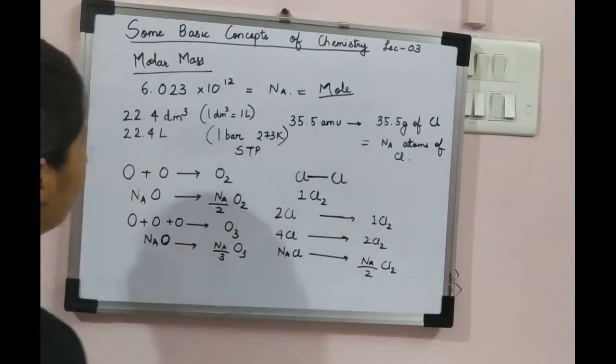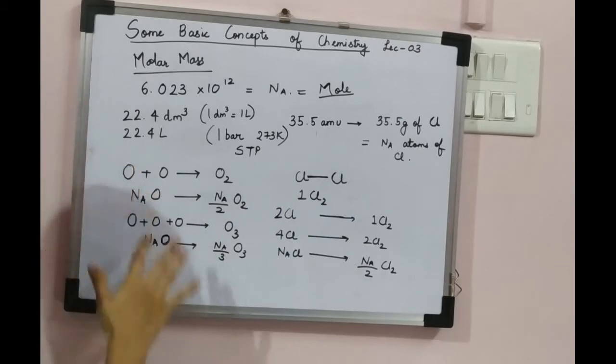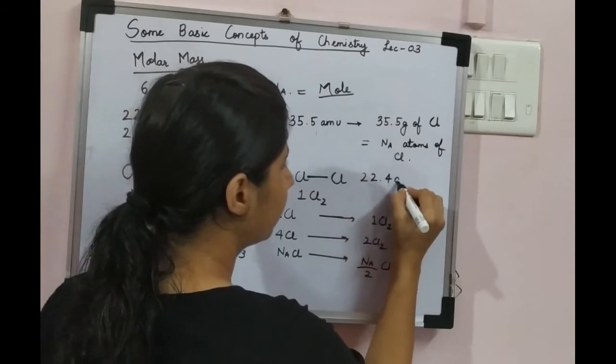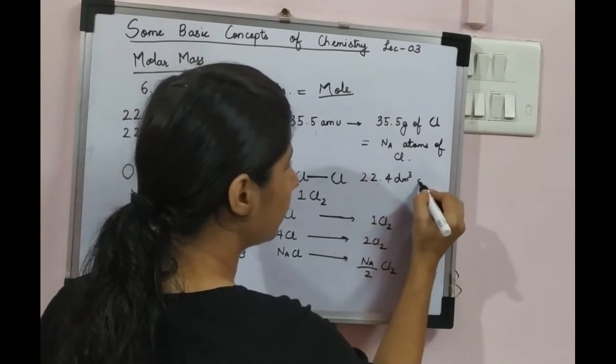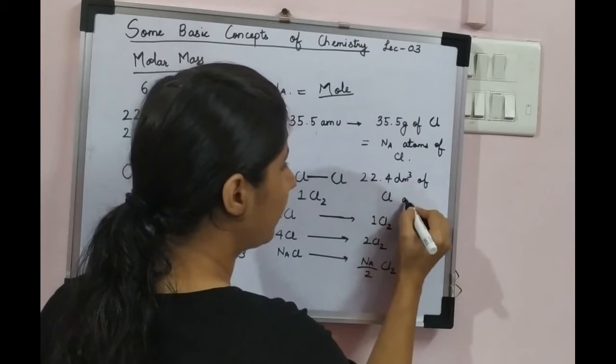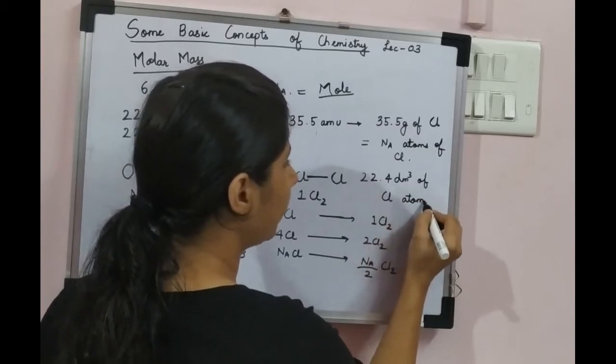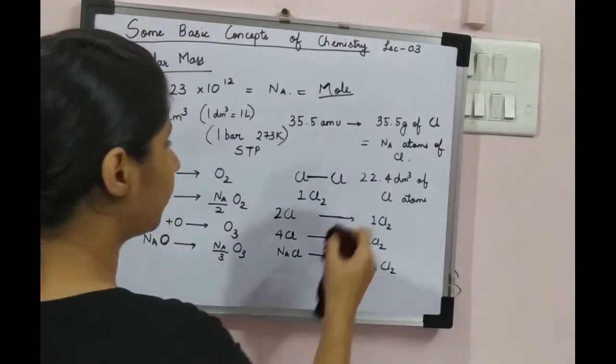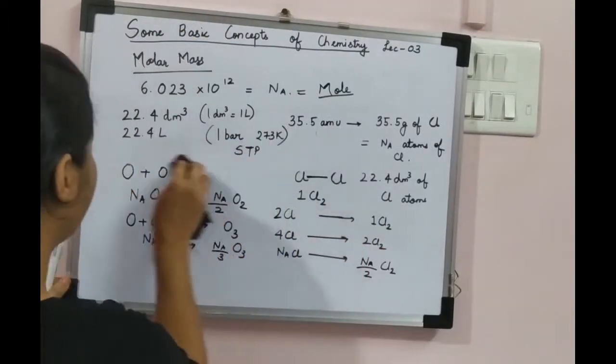Let's say for chlorine, what will happen if I take 22.4 decimeter cube of chlorine atoms? Somehow I try such that there is no reaction of chlorine atoms, and I take 22.4 decimeter cube of chlorine atoms.